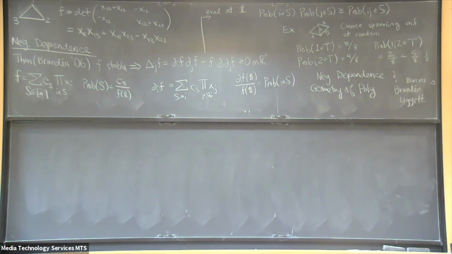So you have negative correlations for any subset. The reason I asked the question about larger subsets, I just wonder whether these also have negative associations. If they do, then you can apply strong concentration. Yeah, I think if it's true, it's in this paper. Okay, good. I think they're also negatively associated.